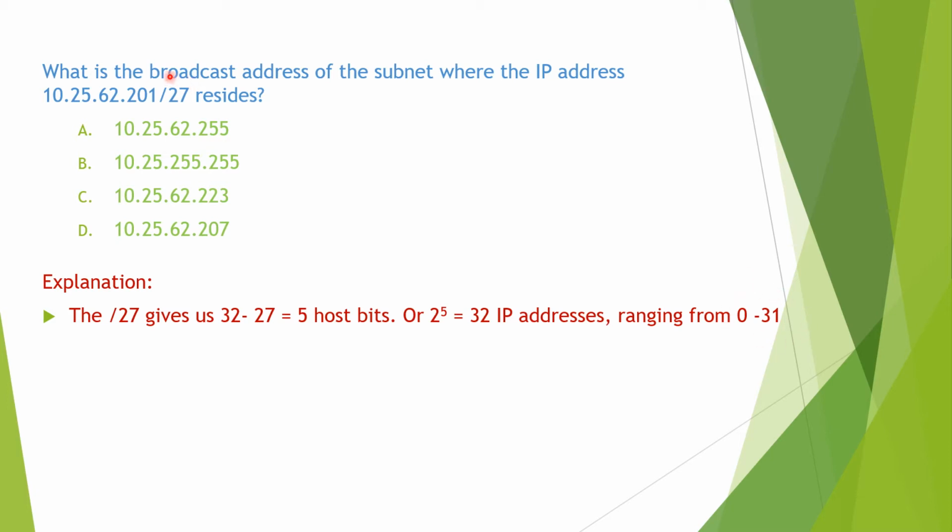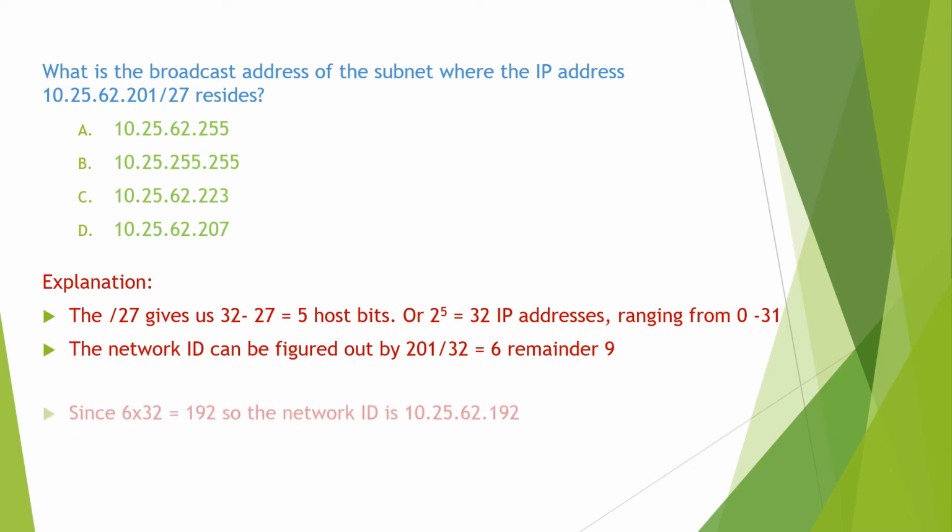The /27 also tells us the last octet got divided. Therefore, the network ID can be figured out by taking the number in the last octet, which is 201, divided by the number of IP addresses, which is 32, and it is equal to 6, remainder 9.